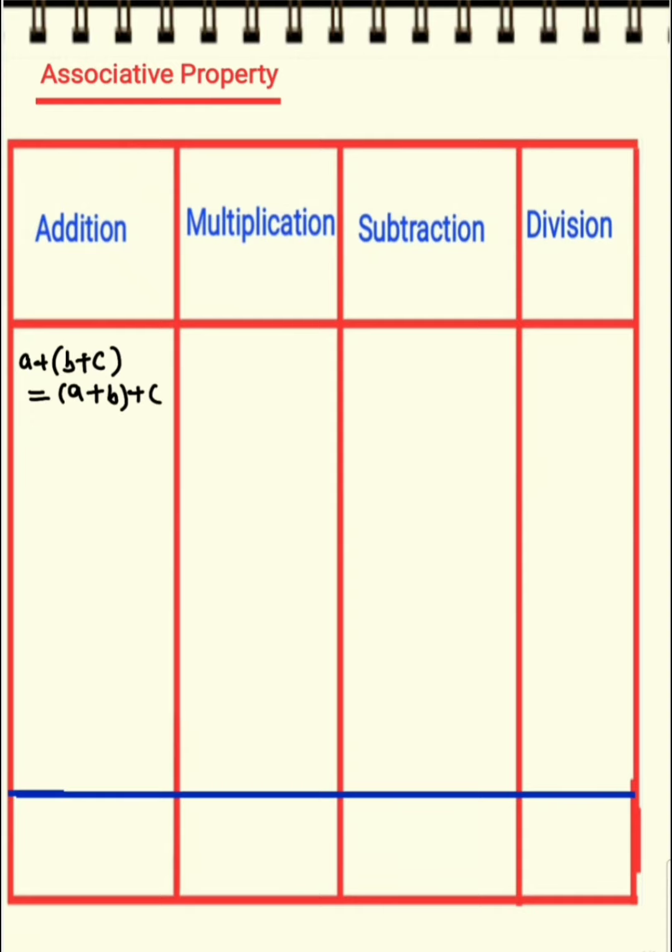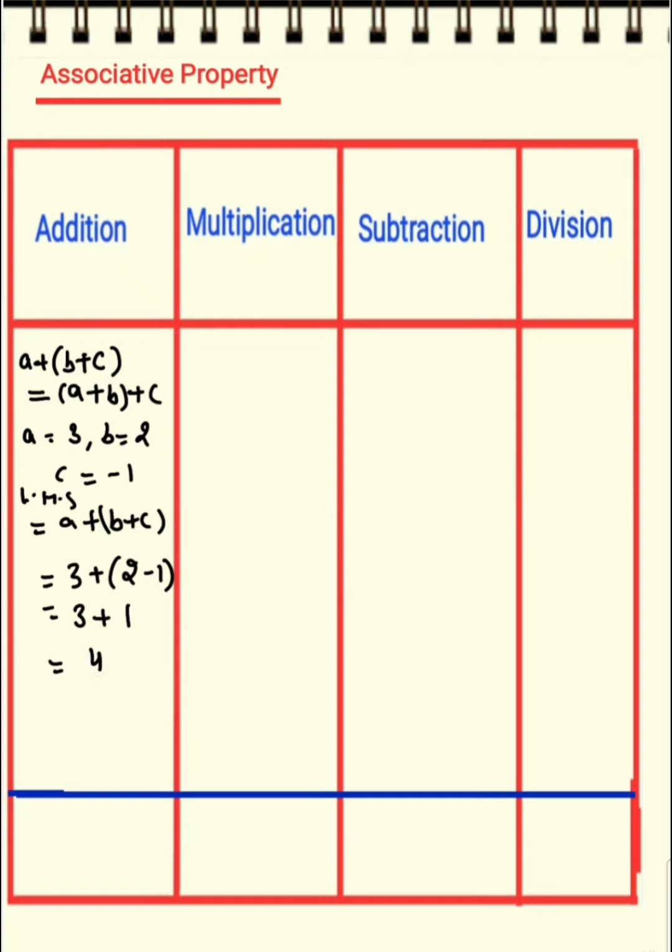So let's take one example for this. A 3, b 2 and c negative 1. So first I will take left hand side. Left hand side is a plus b plus c. So a is 3, b is 2 and c is negative 1, so it will become 2 minus 1. 3 plus this will become 1, so I'll get 4 answer. So now let's take right hand side.